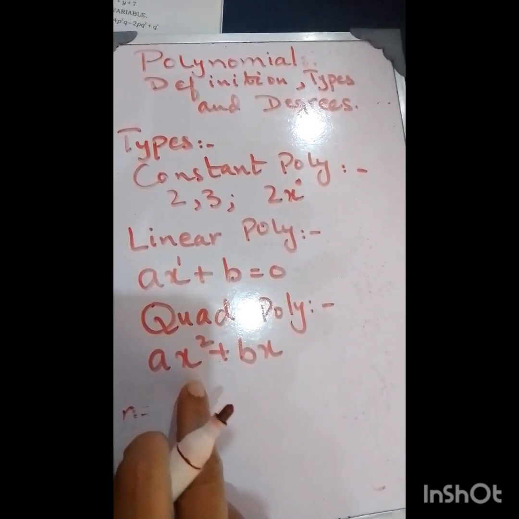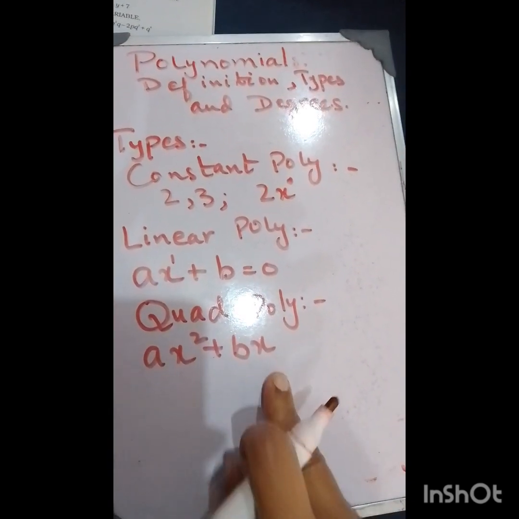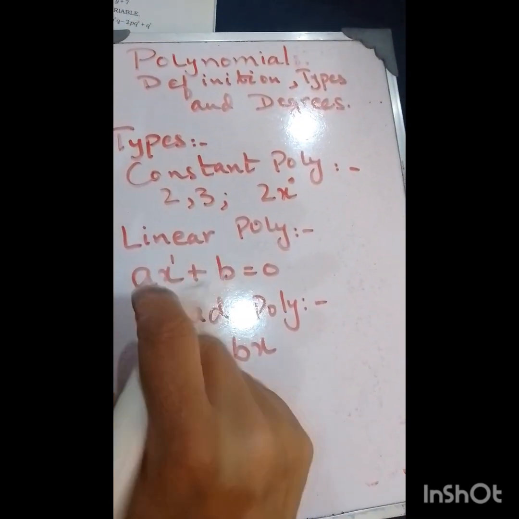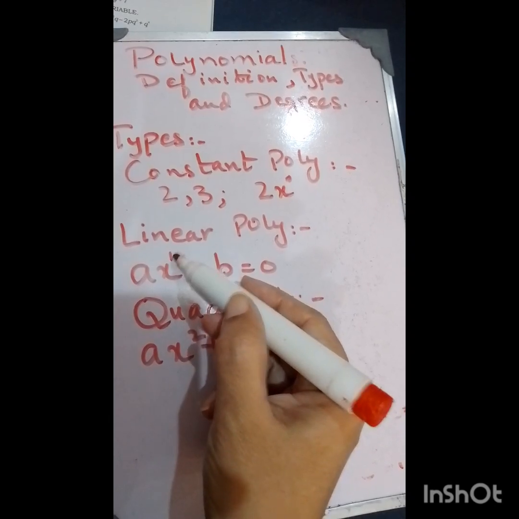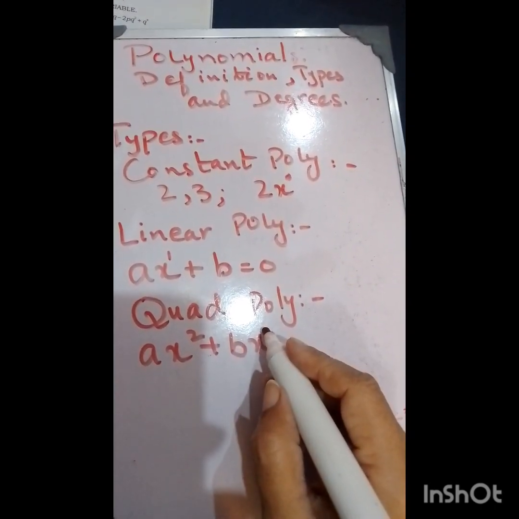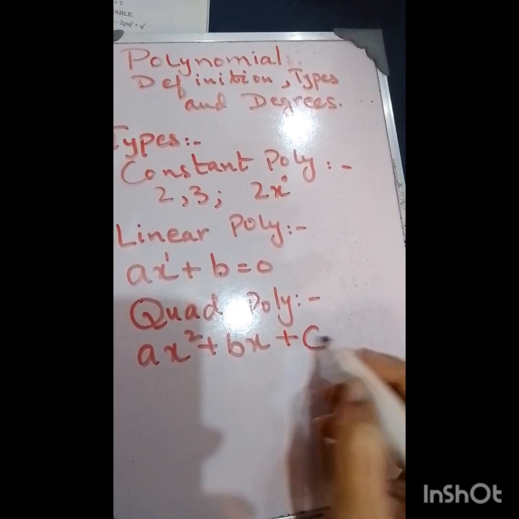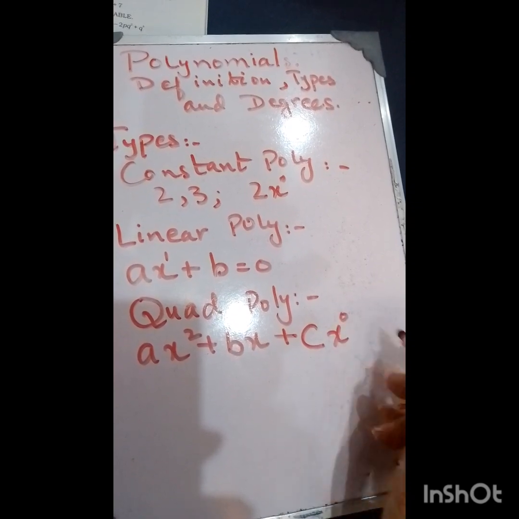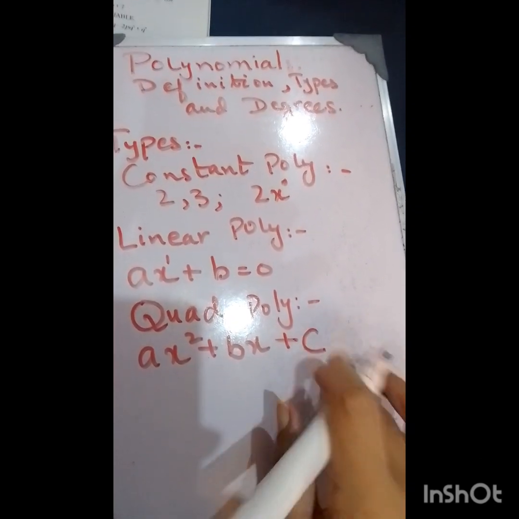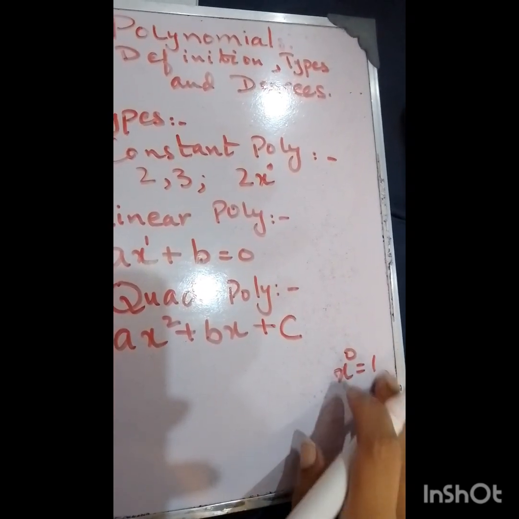You know that x square, and then the power is gradually coming down. Here the x had an exponent of 1. Here the exponent is 2, and the exponent is gradually decreasing. So 2 minus 1 is 1, and then c x naught. Here we have x naught, so we are not writing it, because we know that x naught equals 1, right?